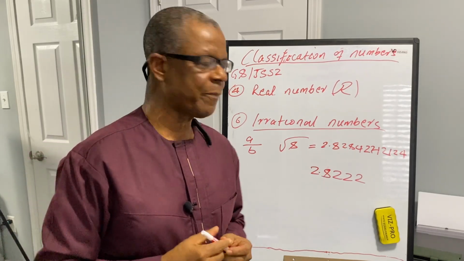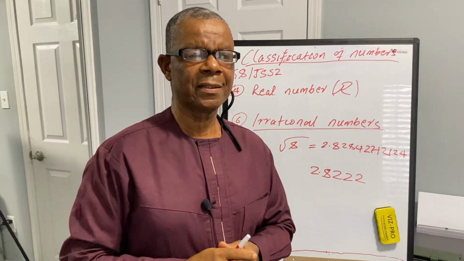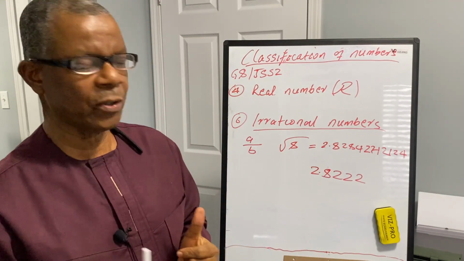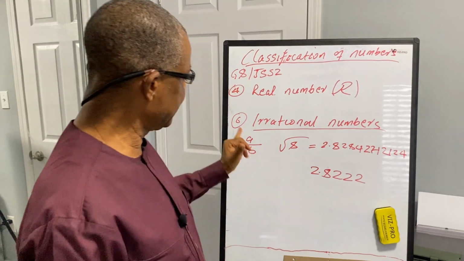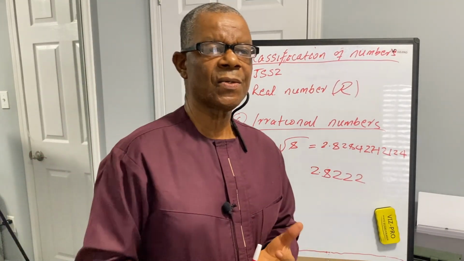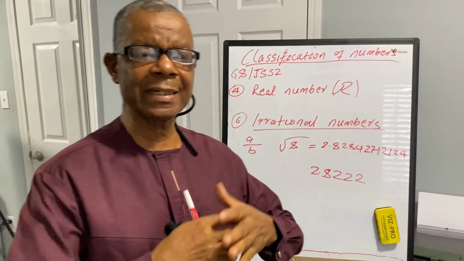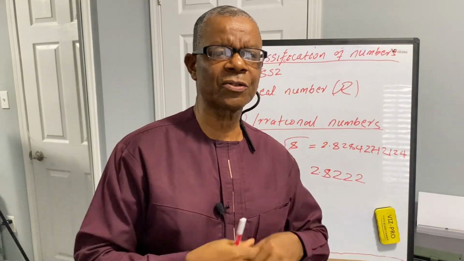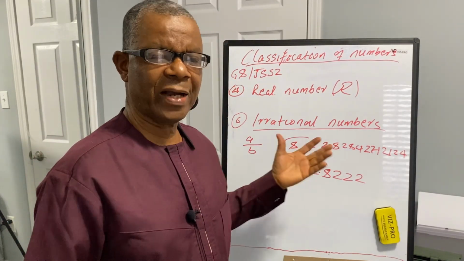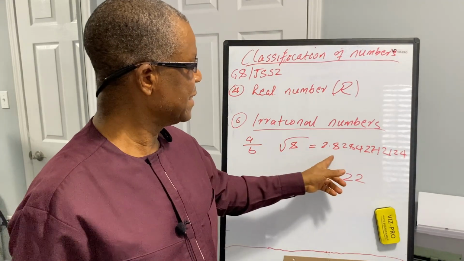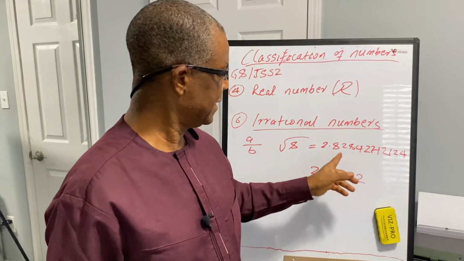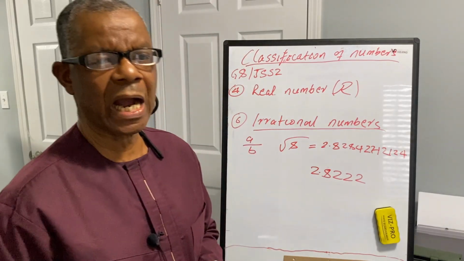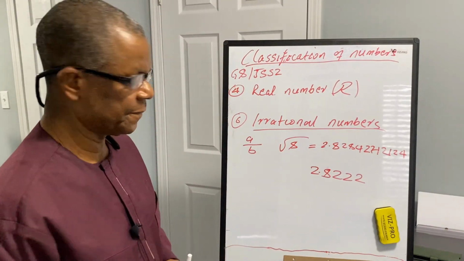No, in irrational numbers you don't have that. There are three qualities of irrational numbers. It cannot be written in exact fraction. When you are converting it to decimal places or finding the square root, it has no end and it does not recur. That is our irrational number.